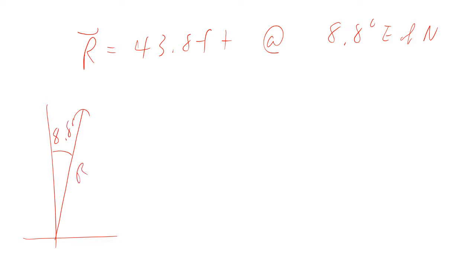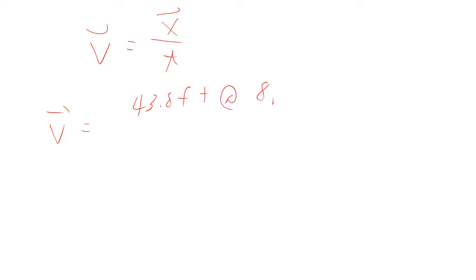Now, I want to know, what was the velocity of the dog? Well, the velocity vector is the displacement vector over time. So in that case, this is going to be 43.8 feet in the direction of 8.8 degrees east of north, divided by the time.